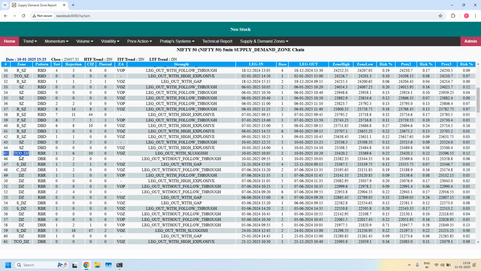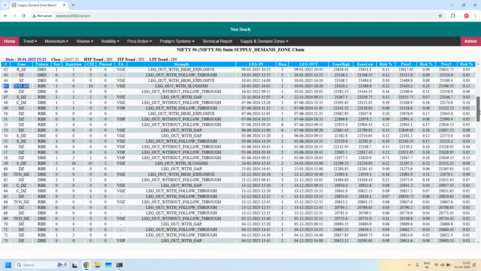Above you have supply zones, below you have demand zones. Okay. So in case you want more demand zones, I'll further scroll the list down. Okay, this is about the Nifty supply demand zone chain.